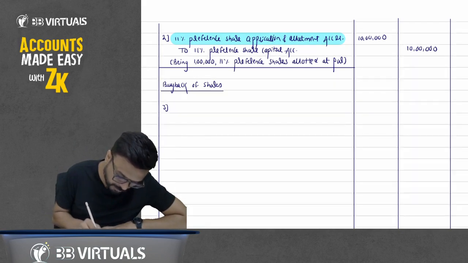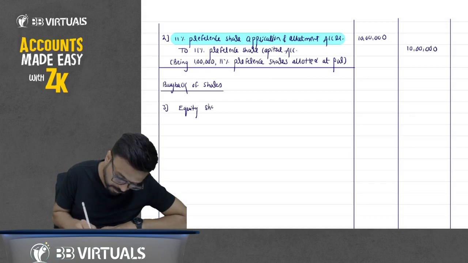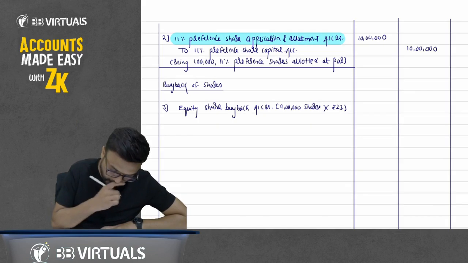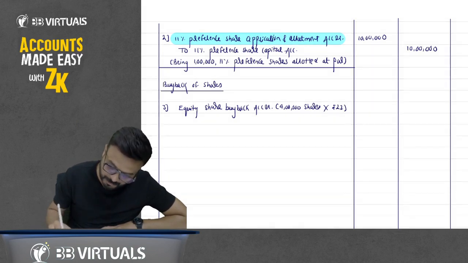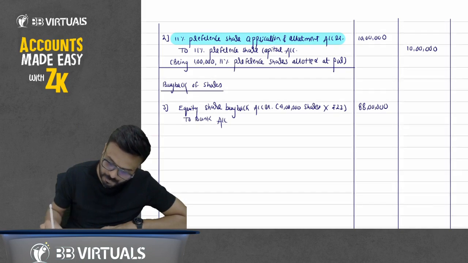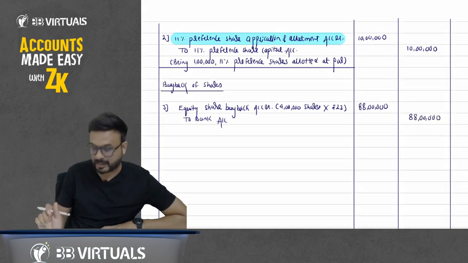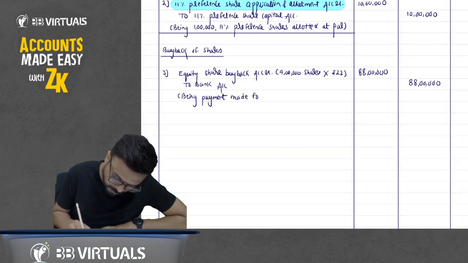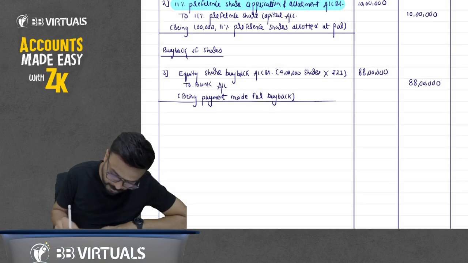Equity share buyback account debit, 4 lakh shares multiplied by rupees 22, that comes to 88 lakhs, to bank account 88 lakhs. Being payment made for buyback.